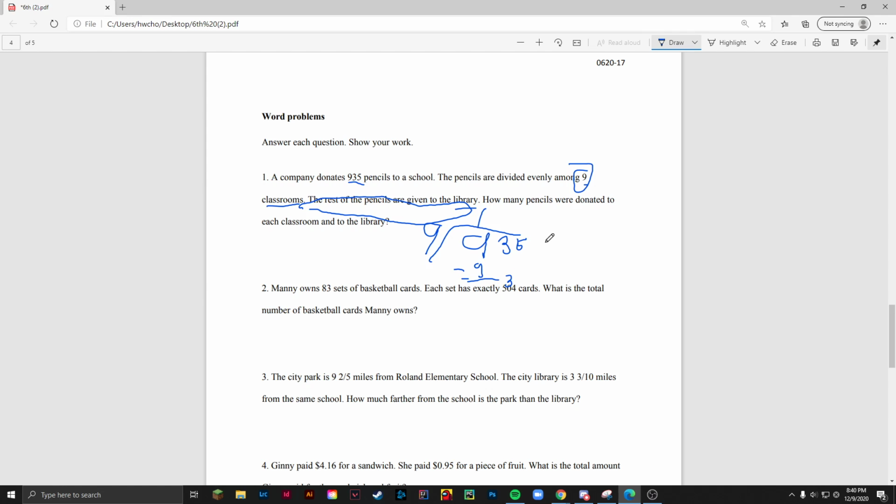Then you get 3, but 9 does not go into 3. 35, 9 goes into 35 3 times, and you get minus 27, and then you get 8. R8. Sorry about the handwriting, it's kind of difficult. So 103 remainder 8. To each classroom there go 103 pencils, and there are 8 pencils given to the library. Alright, cool.